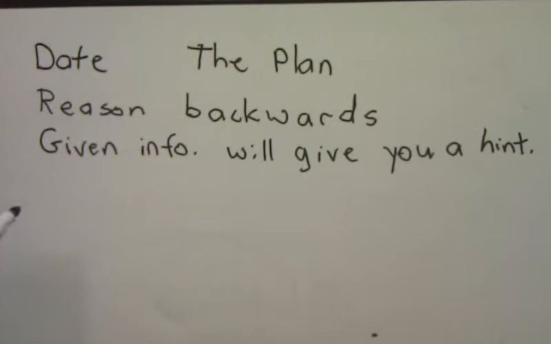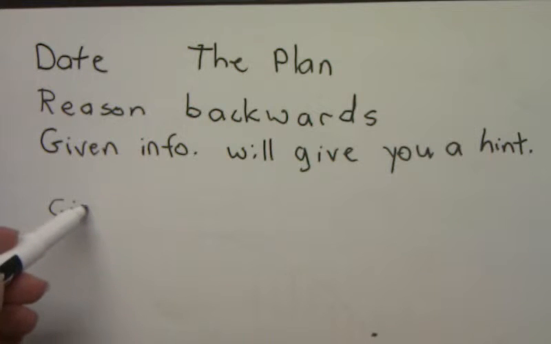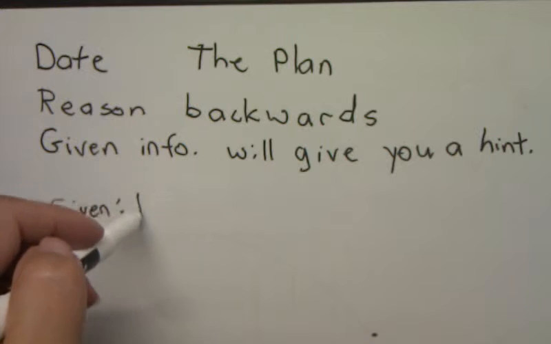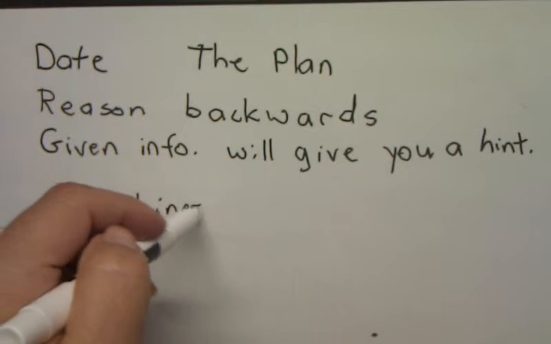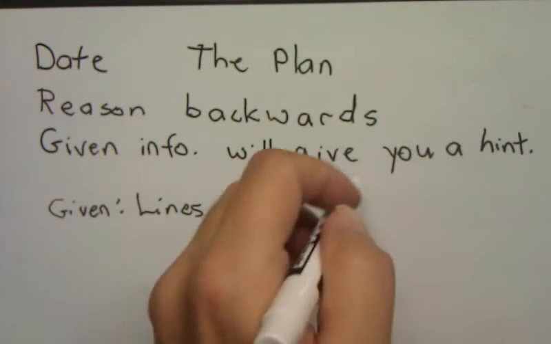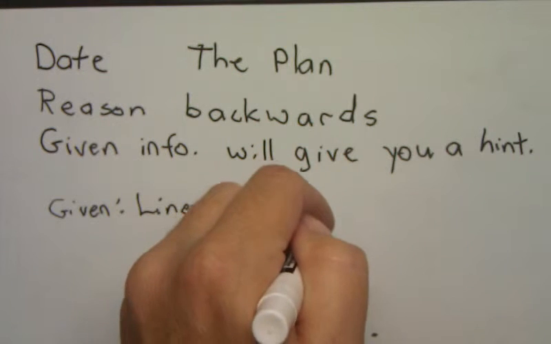I better write this down or you're going to get lost. It says given lines A and B intersect at point C.